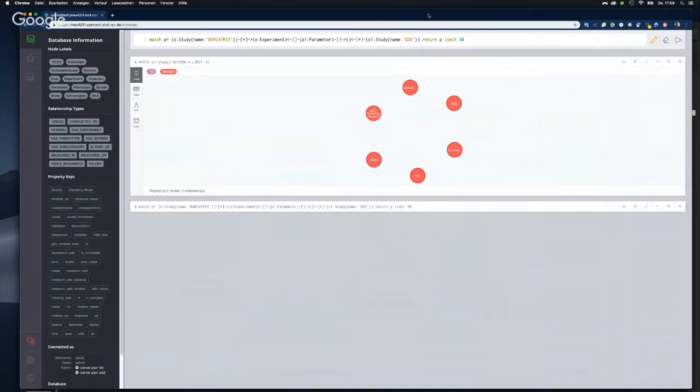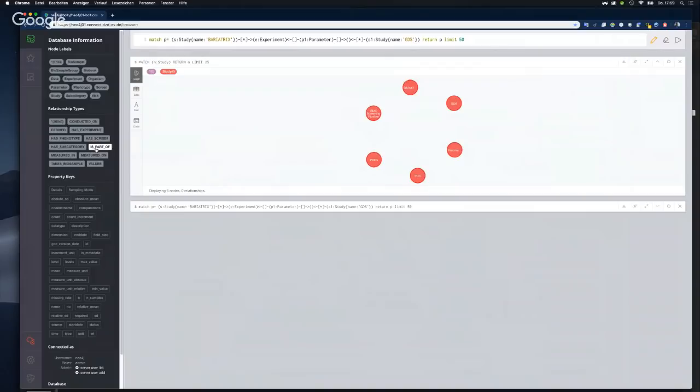So here we have in our developers database 6,500 nodes and 20,000 relationships. But I must say these are mainly parameters that we measure. So I would say 6,700 parameters, roughly, or 6,000. They are quite a lot that we measure.